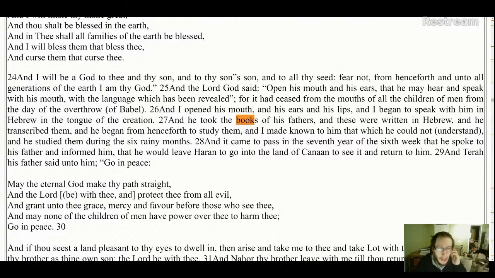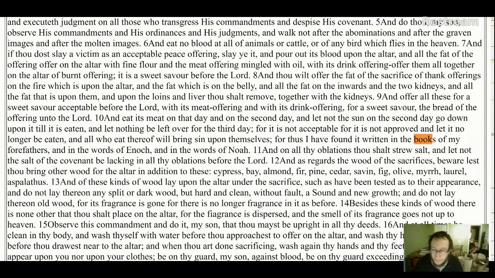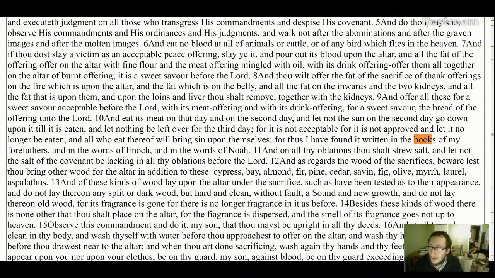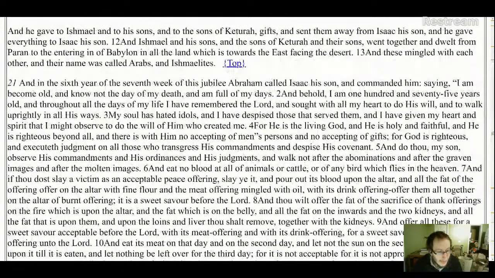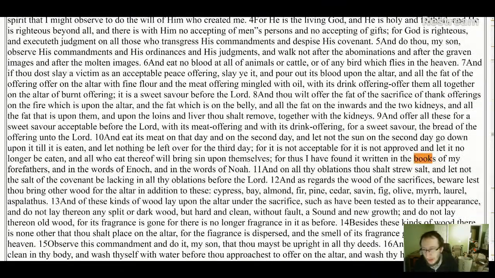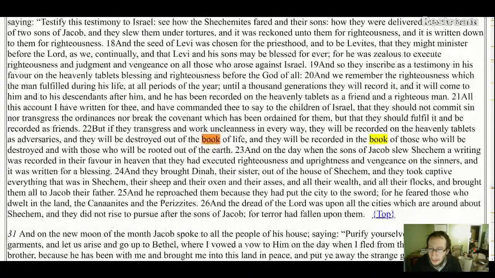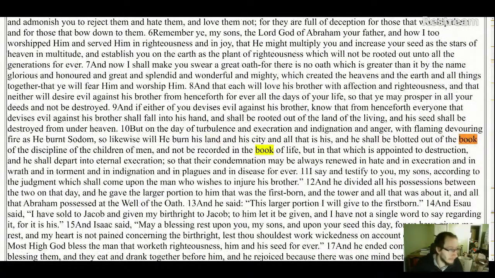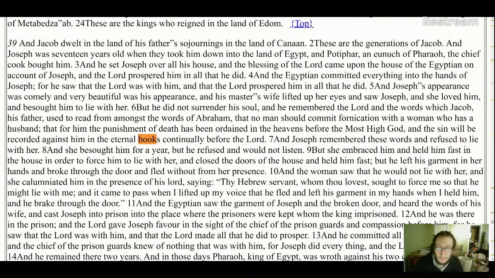And then we have, let's see, this is Abraham talking, and he says he has found it in the books of his forefathers, in the words of Enoch and the words of Noah, about sacrifices and offerings.